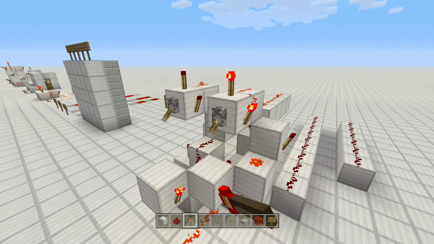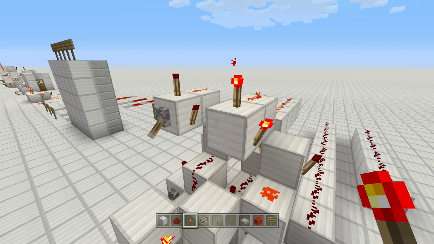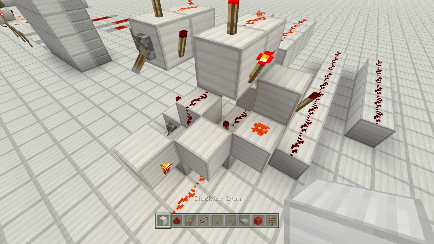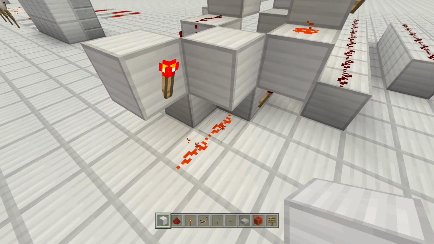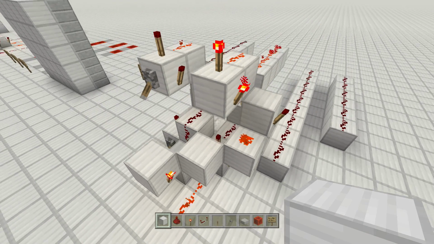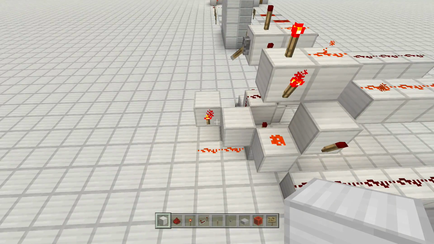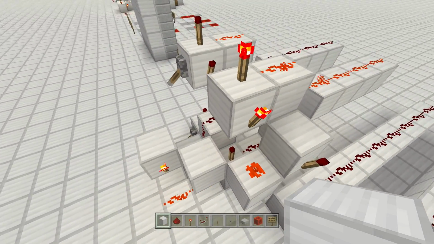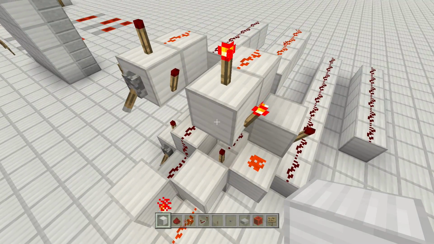But now I only have 1 input in my half adder for the number 2, and I don't want 1 input. I still want to have 2 inputs, but I still need the carry in to be there. So I can add my second input by adding another XOR to this input right here.